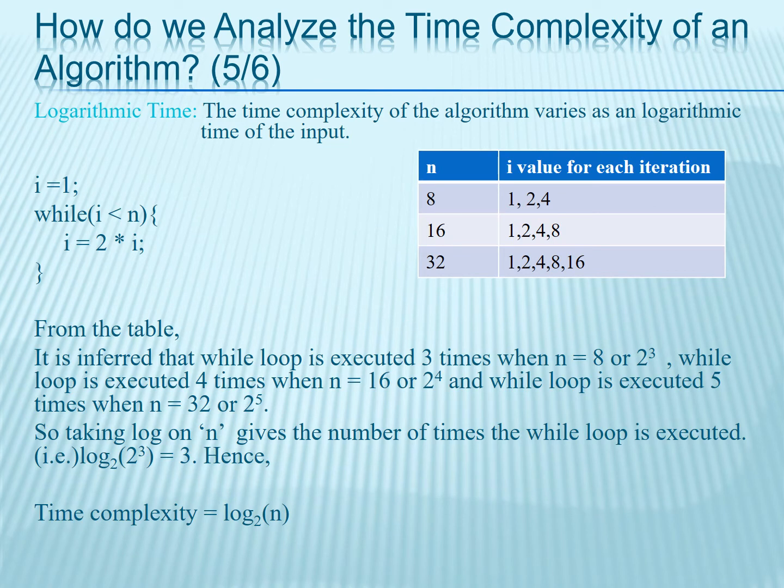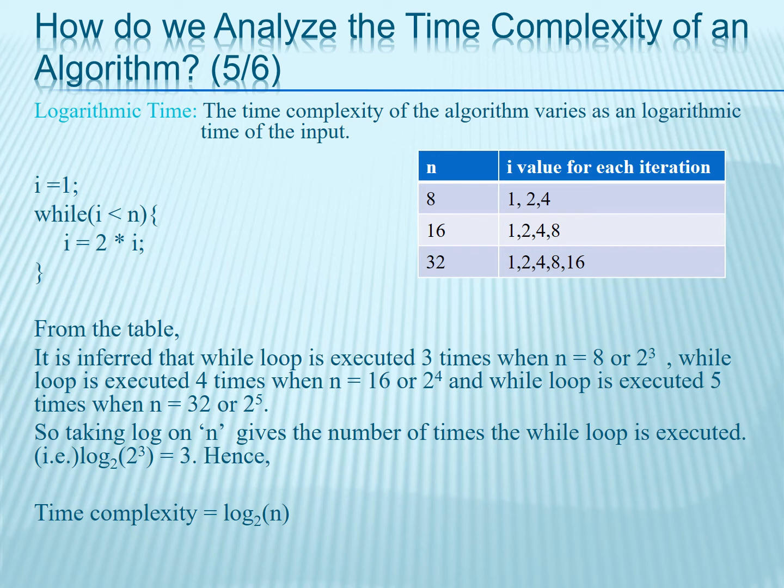Logarithmic time complexity algorithm. In logarithmic time complexity algorithm, the time complexity of the algorithm varies as a logarithmic function of the input. For example, consider the piece of code given here.